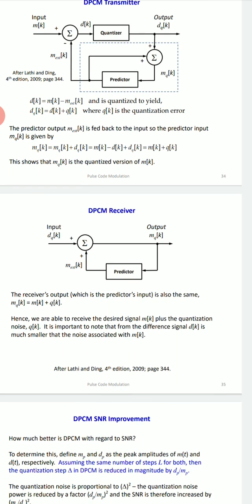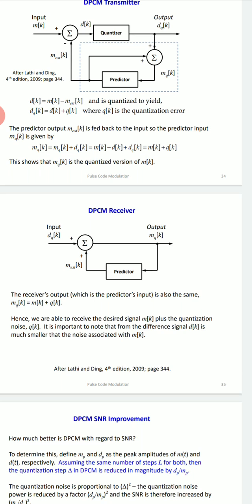At the receiver output, which is the predictor input at the receiver side, we get the quantized version mq[k] equal to m[k] plus q[k]. Hence we receive the desired signal plus the quantization noise q[k].